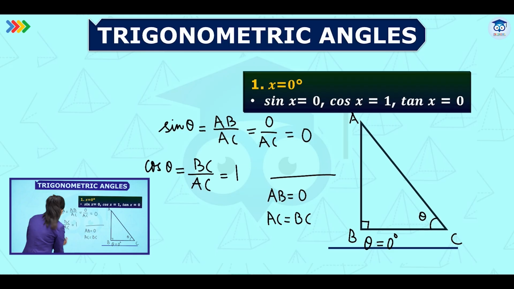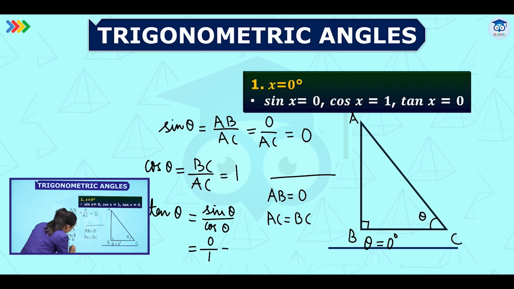Tan theta is opposite upon adjacent, or you can consider it as sine upon cos. Sine theta upon cos theta is 0 upon 1, that is equal to 0. Therefore, tan x is equal to 0 when x is equal to 0 degree.